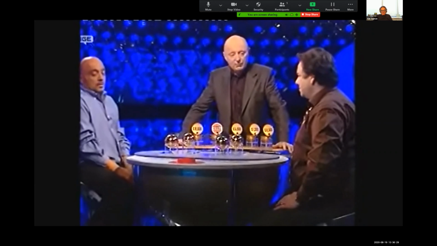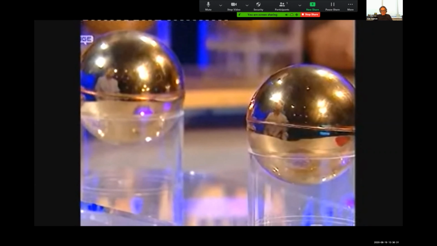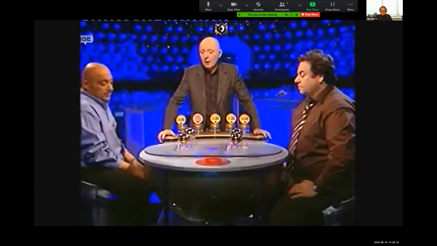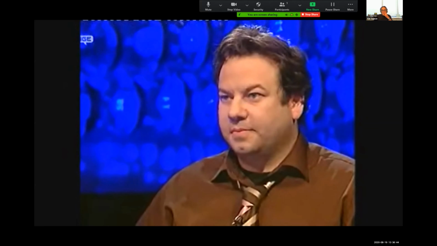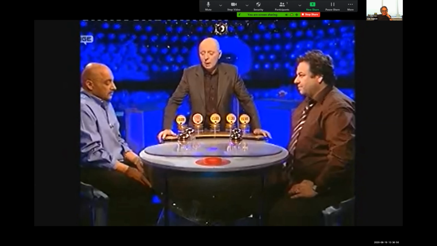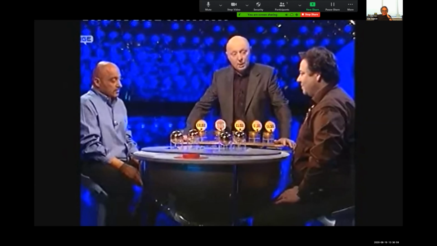If you both pick the split ball, you split the 13,600 and you go home with 6,800 each. If one of you chooses the steal ball and the other chooses the split ball, whoever chooses the steal ball goes home with the whole lot, 13,600. But if you both choose the steal ball, you leave today's game with what you came with, nothing.